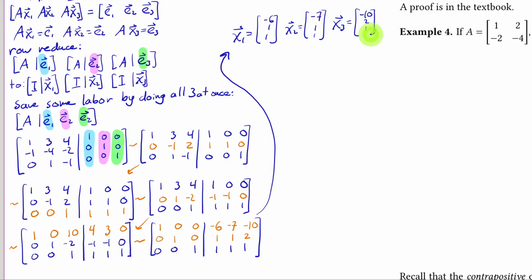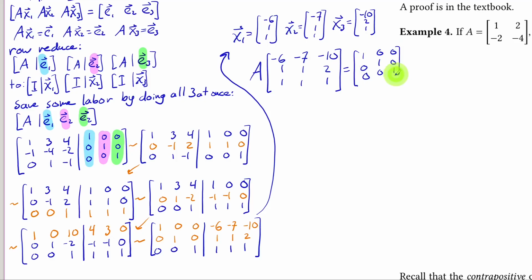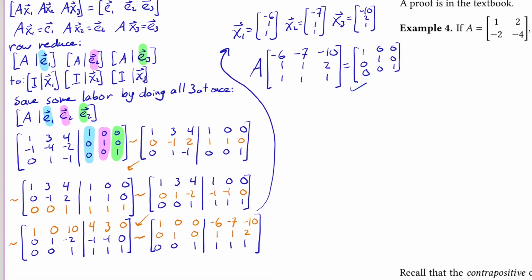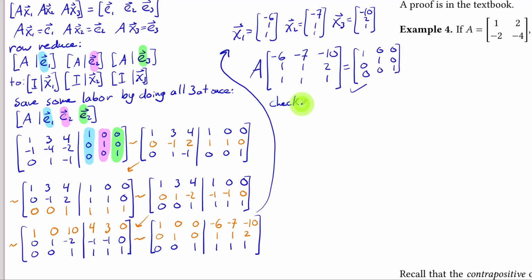And yeah, this means that if we do A times this matrix that has these columns, you will get the identity matrix. Now we should also check it works the other way, that if we take this matrix and multiply it by A, do we get the identity?